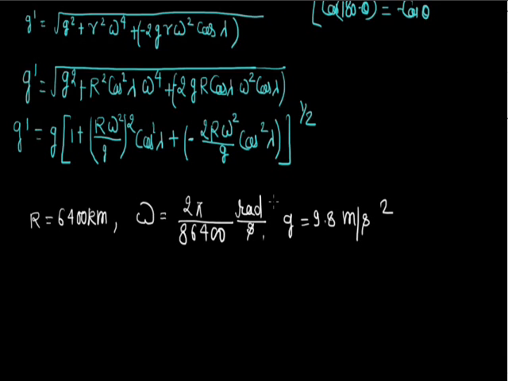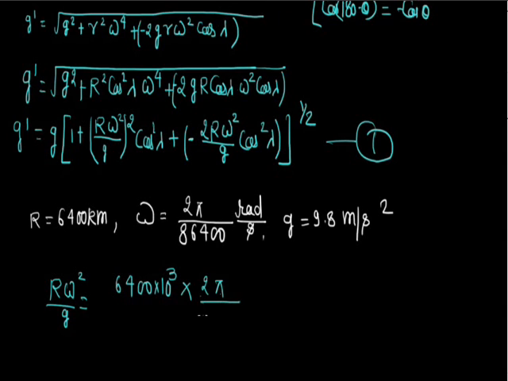Now putting these values, when we calculate these terms R omega square upon g, we get 6400 into 10 raised to power 3 into (2 pi upon 86400) whole square upon 9.8.